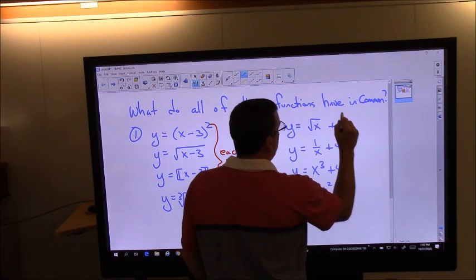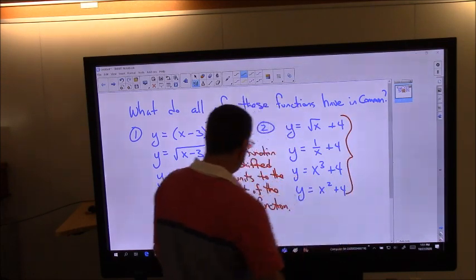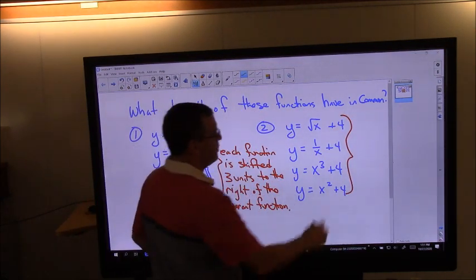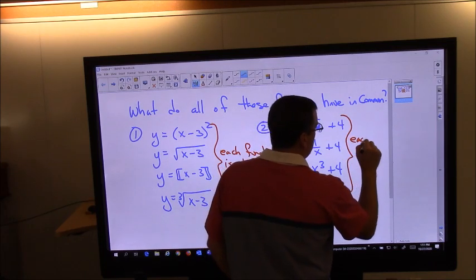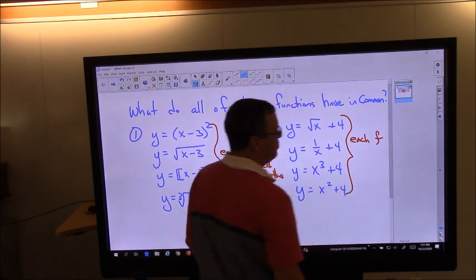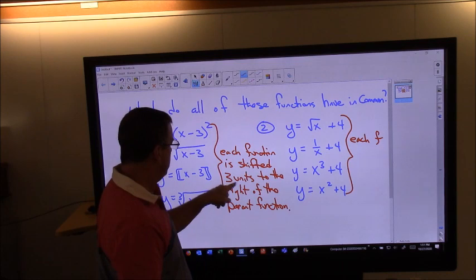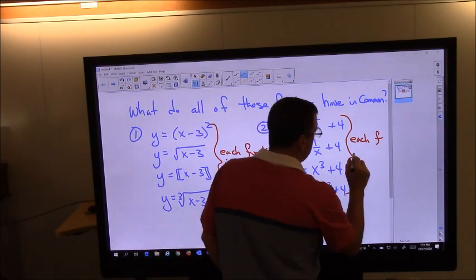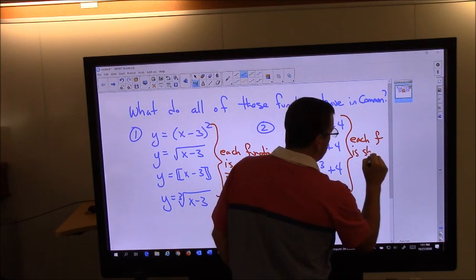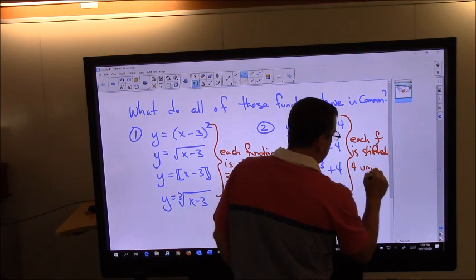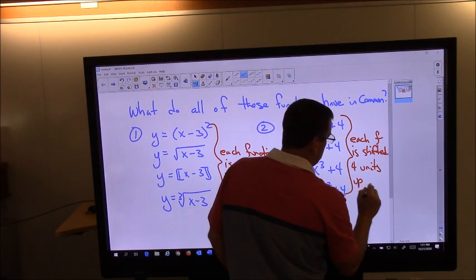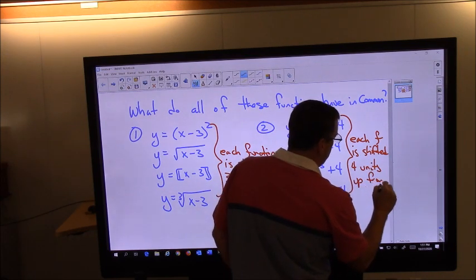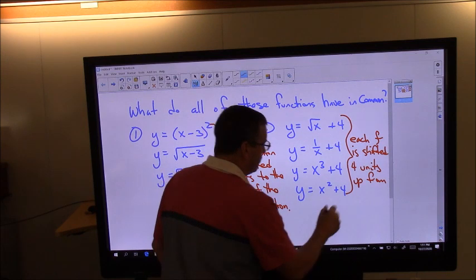So I'm going to say here, each function, I'll just do F for function, is shifted 4 units up from the parent function.